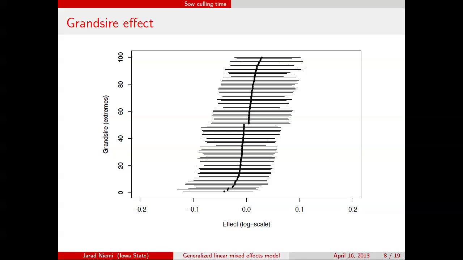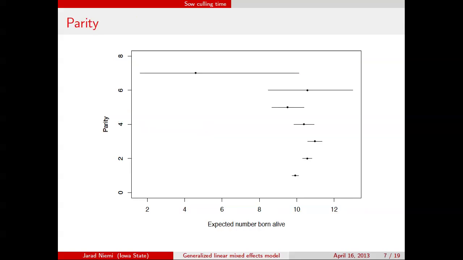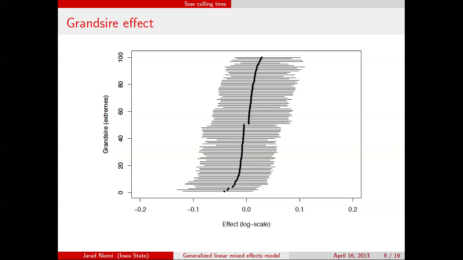Yeah, there's certainly a question here about preferentially including grandsires in the data set by virtue of them being used more often to breed.